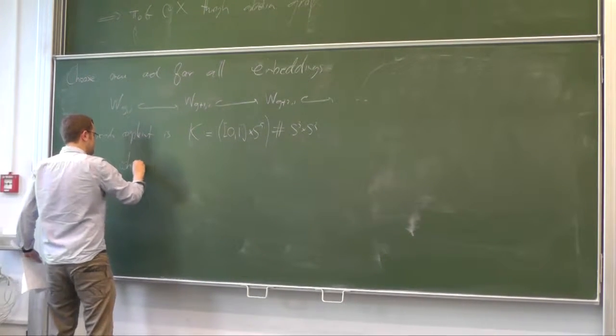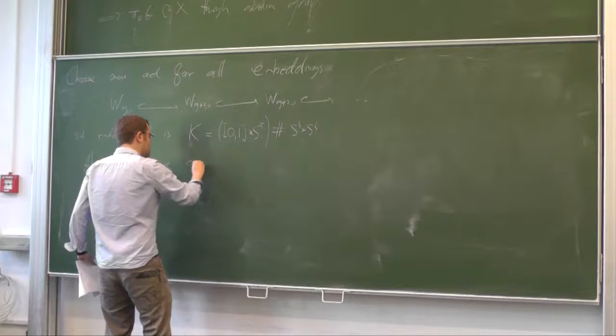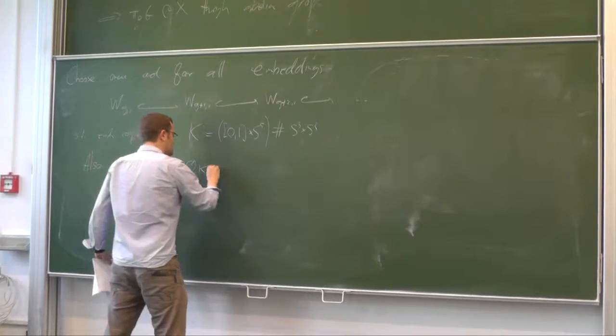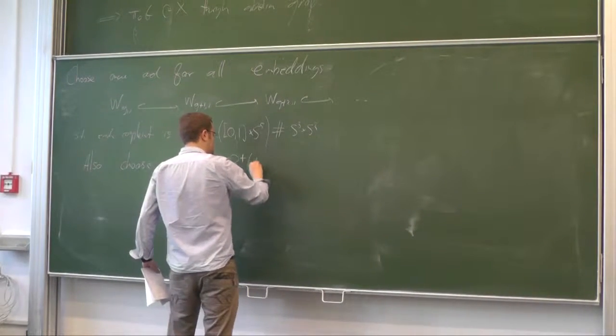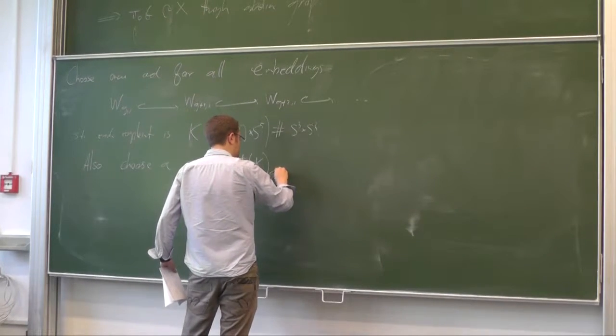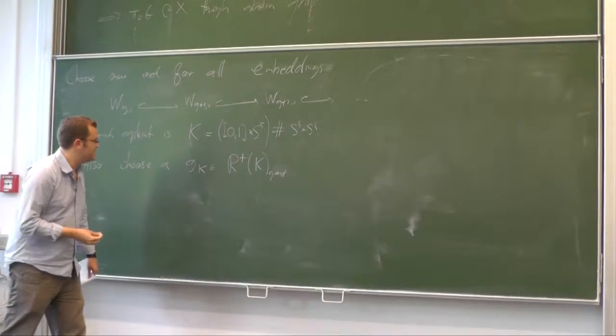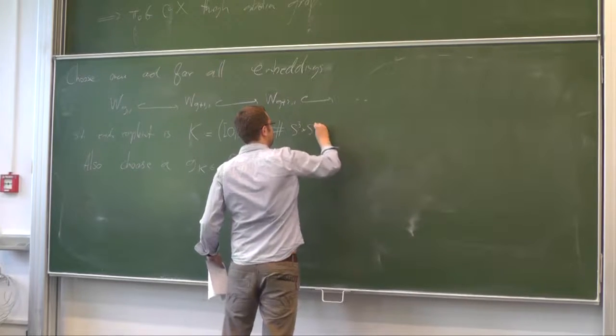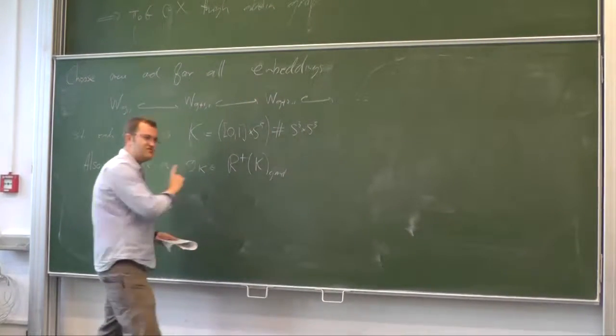Also choose a metric on this K which is round on either boundary, and this has to have one property. It just has to be in the right component.